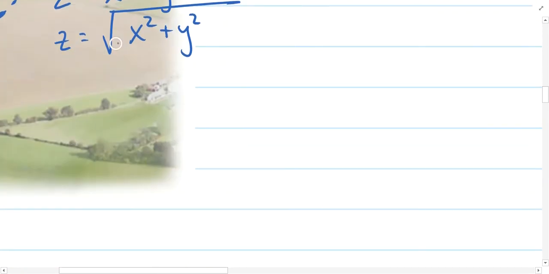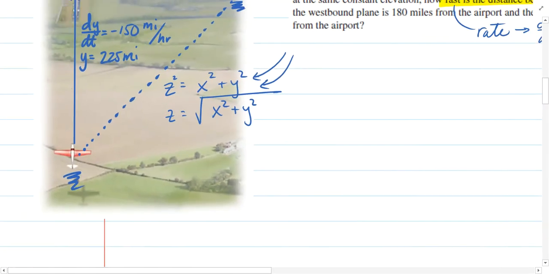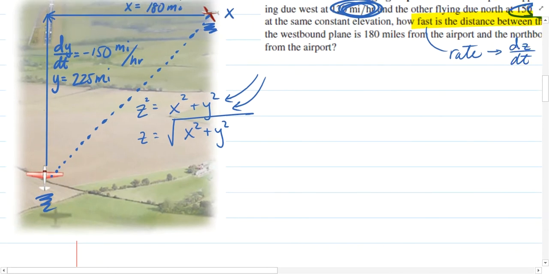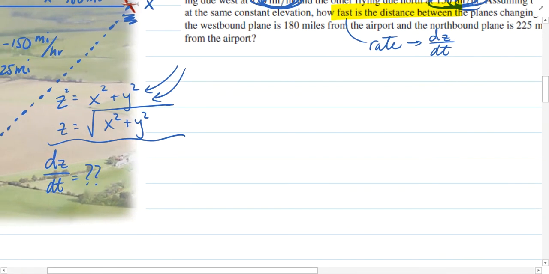So we have a formula for z. In fact, we could probably calculate what the current distance is at this particular moment. We have x, we have y, we can calculate z. But what we're really after in this problem is the rate at which z is changing, the rate at which that distance is changing with respect to time. That's the unknown.